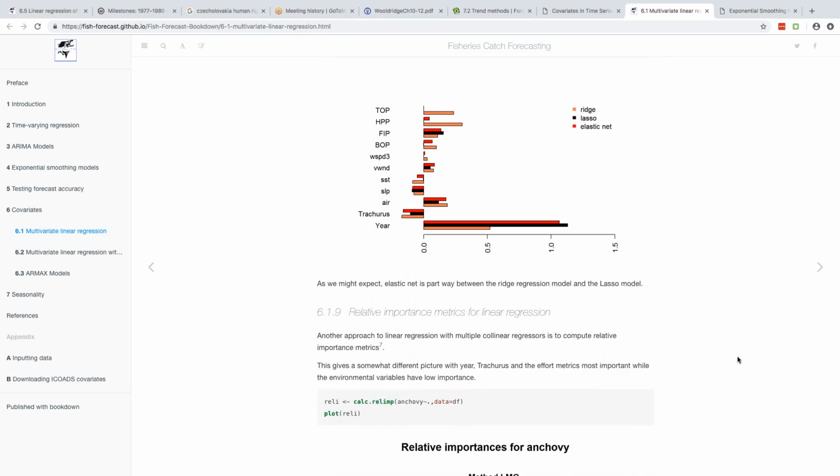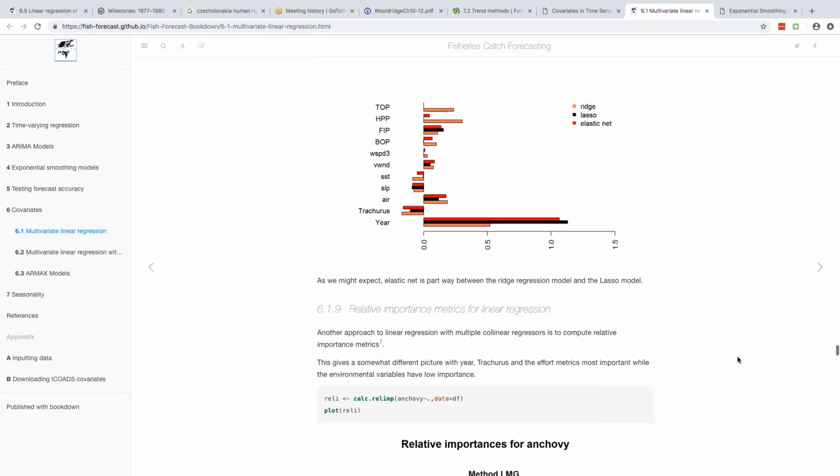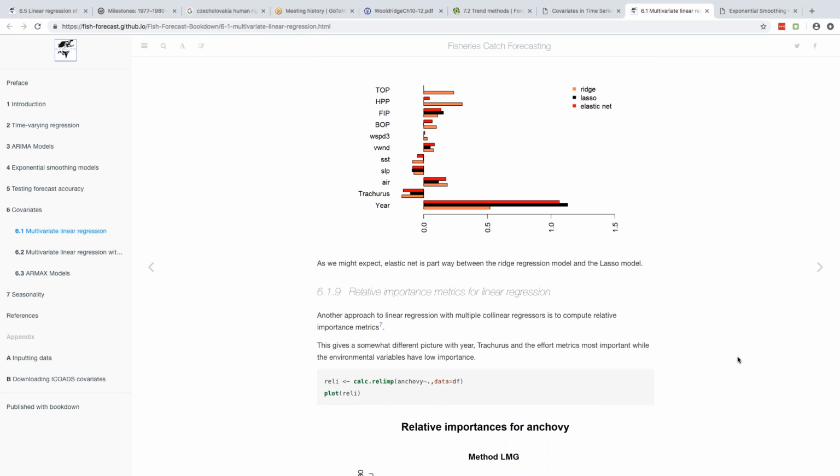And then there's elastic net, which is a little bit of both. Good name. The nice thing is that it's really easy to do all these types of penalized regressions in R. And then once you can fit all those different ones, it's easy to do cross-validation to look at the performance of the different models.